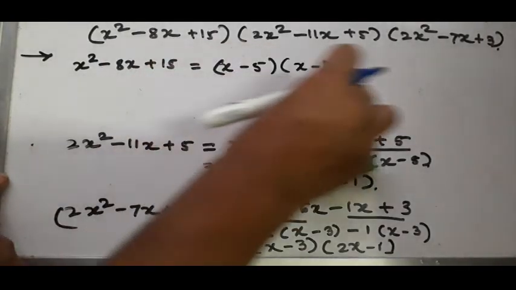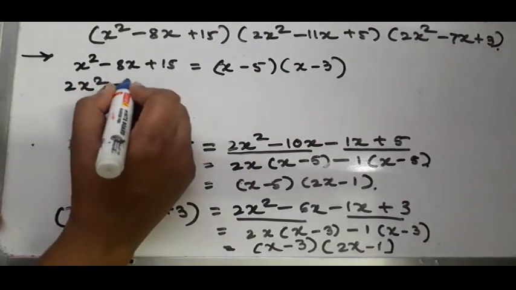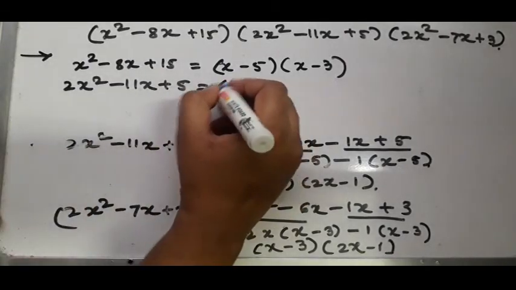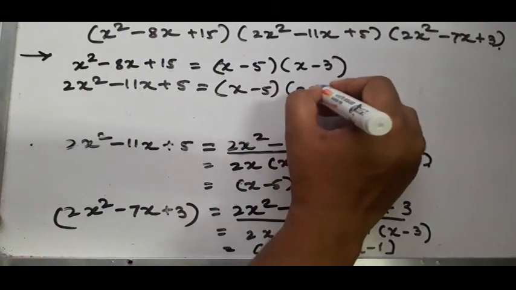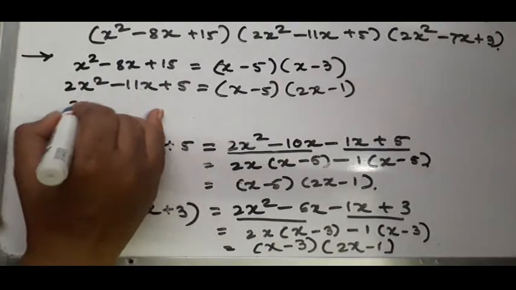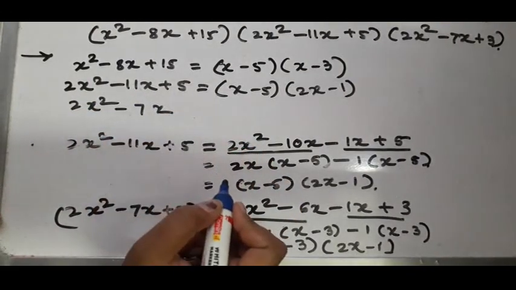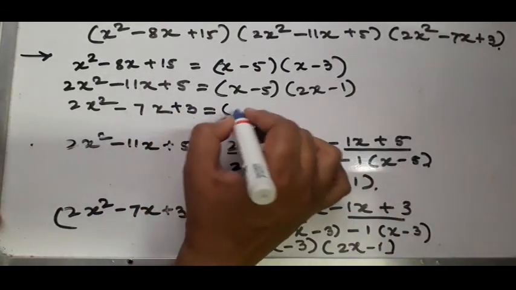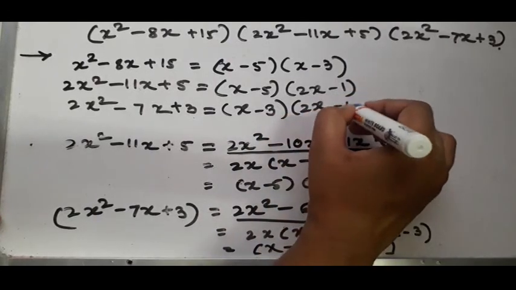Second term, 2x square minus 11x plus 5, that is equal to x minus 5 in one bracket, 2x minus 1 in another bracket. And third term, 2x square minus 7x plus 3 equal to x minus 3 in first bracket and 2x minus 1 in another bracket.